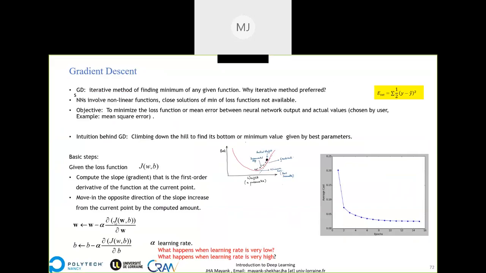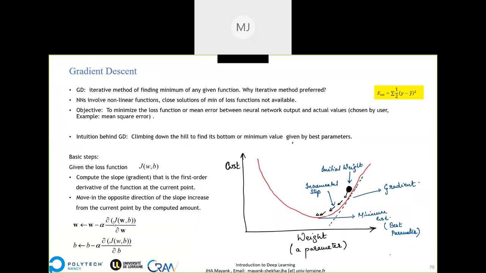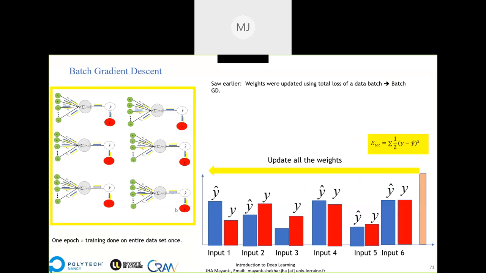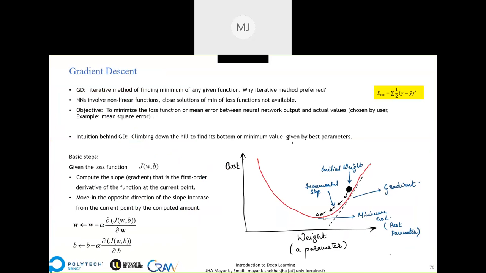This J is basically the loss function. It helps you change the weights, and you keep doing that until you reach the minimum of your loss.